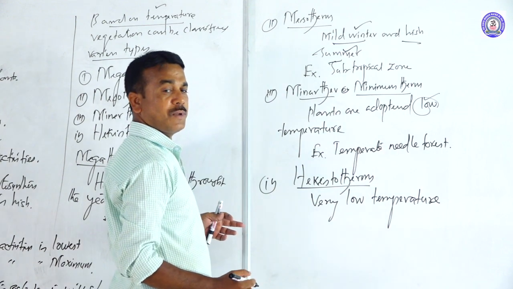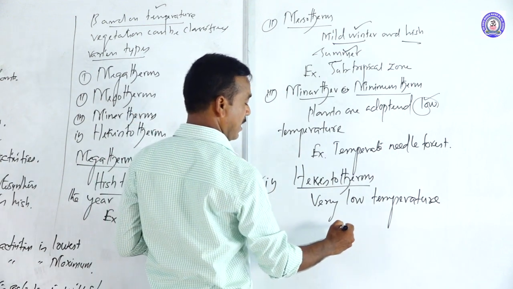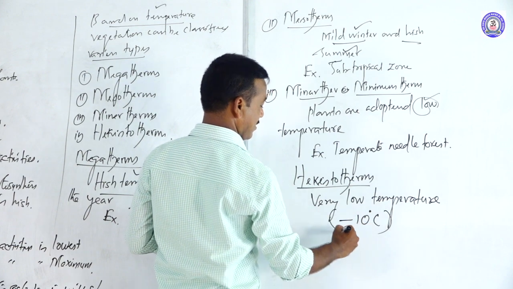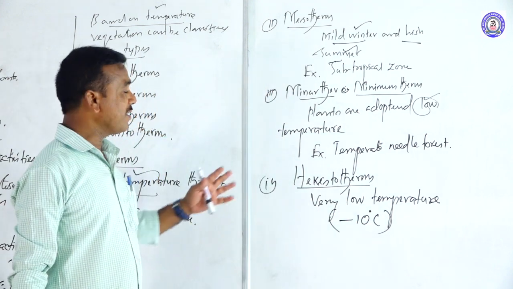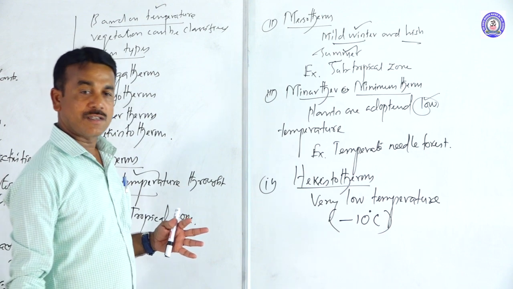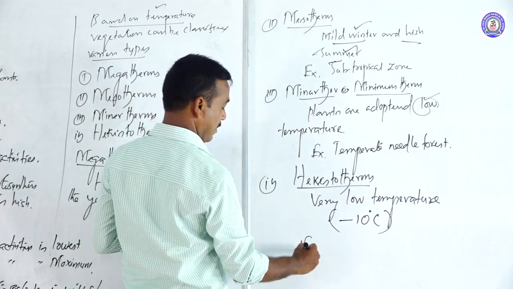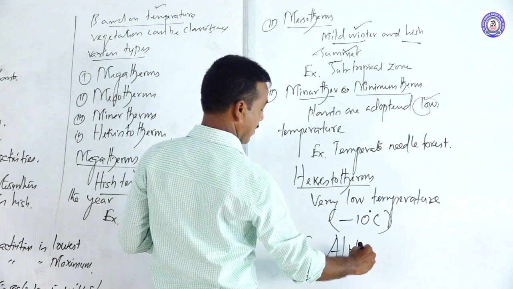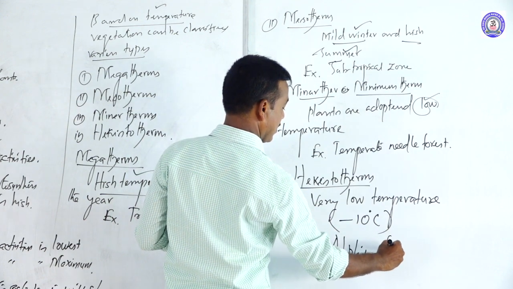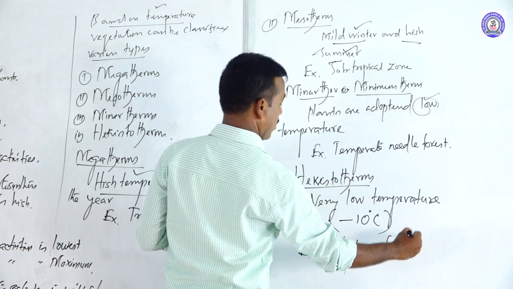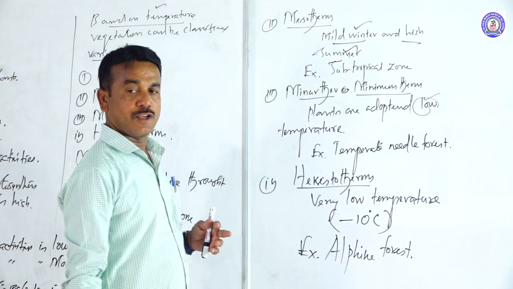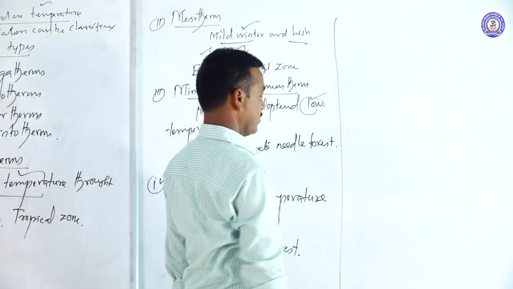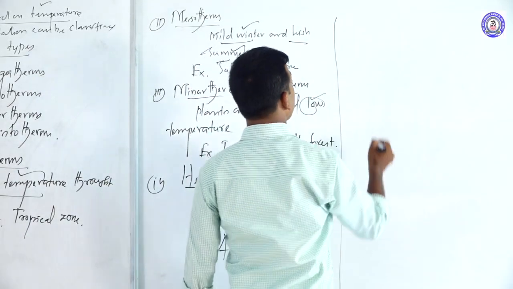Very low temperature is commonly about minus 10 degrees Celsius. Where are these kinds of plants generally adapted? For example, the alpine zone or alpine forest. Those are commonly called hextotherms.